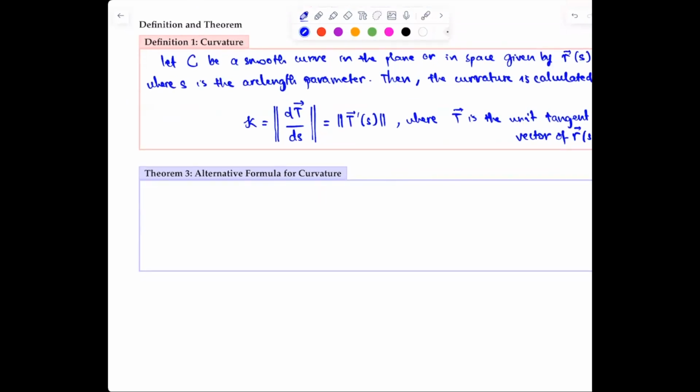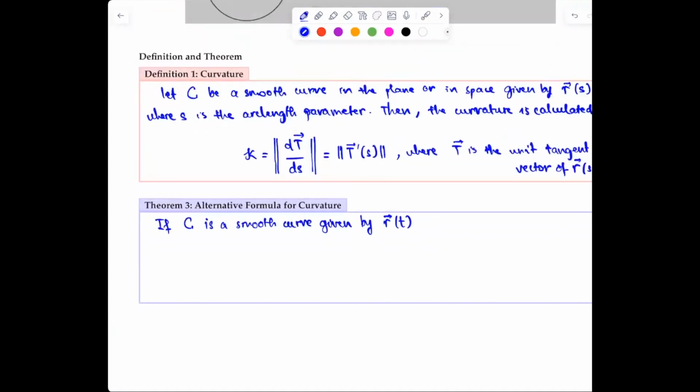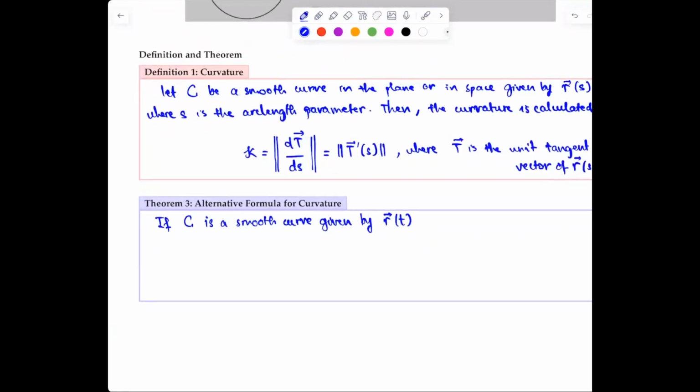So if capital C is a smooth curve given by r of t, you have to be careful with the notation.